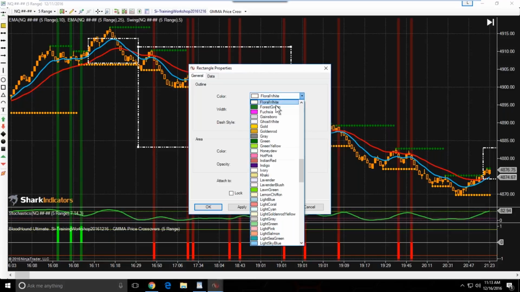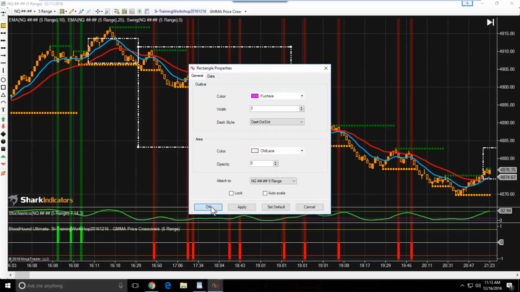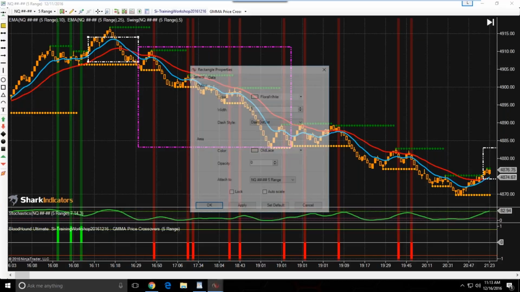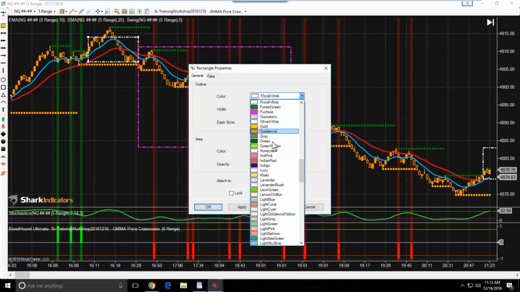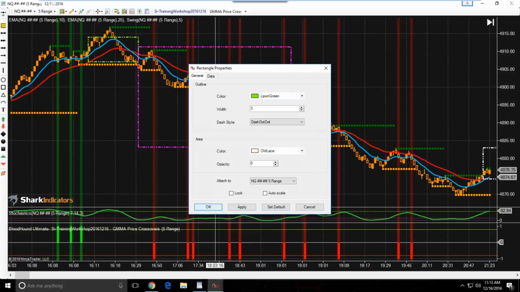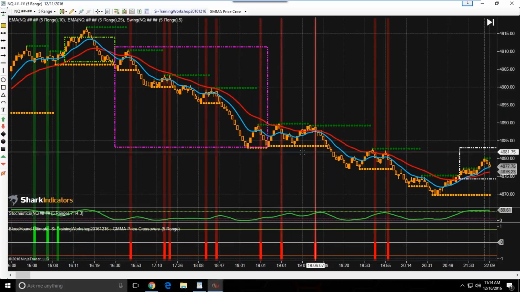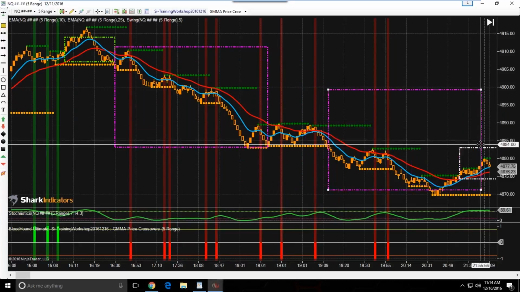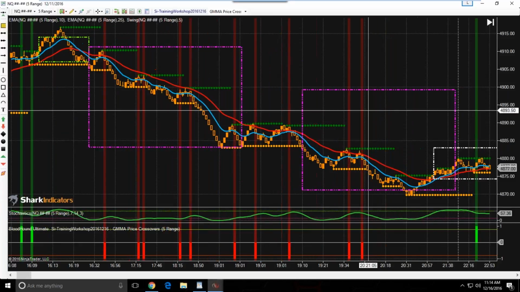Let's see, let's make this a red so we know it's a downtrend. And we'll make the uptrend green. There we go. And let's see. So it looks like we'd start another downtrend right about there.